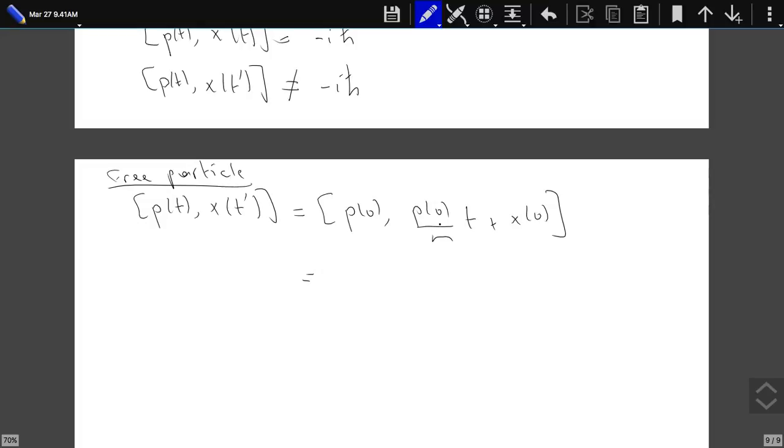Well, the first p(0) commutes with p(0) over m times t. So this is [p0, x0], which is equal to minus i h bar. It just turned out to stay the same for the free particle. The uncertainty relation doesn't change.